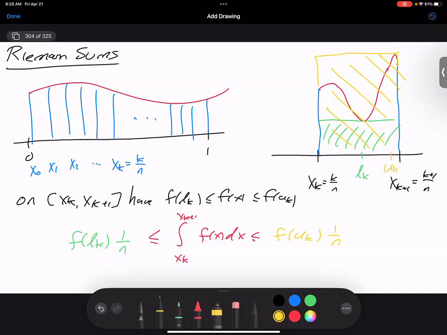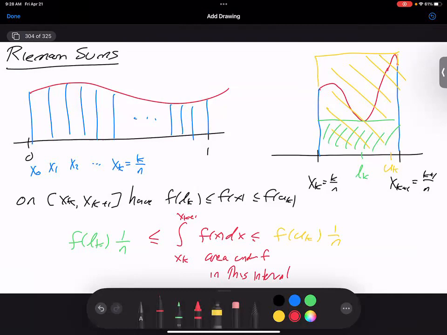Is everybody comfortable with that? That on each interval, I can look at the area under f in this interval. Lower bound, upper bound.